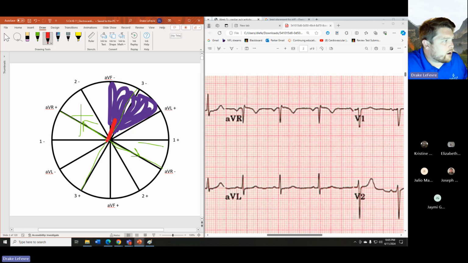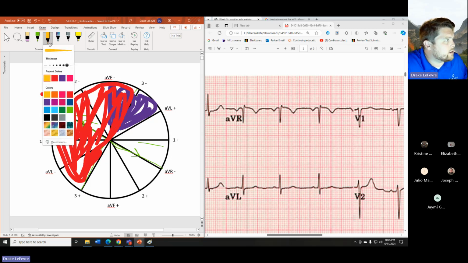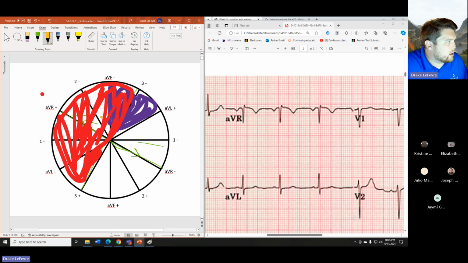So we would shade out all of the positive side over on this side, leaving us here. And previously we had done lead 1, which also got us that slice out as well. So now we're narrowed down to somewhere in this specific range.